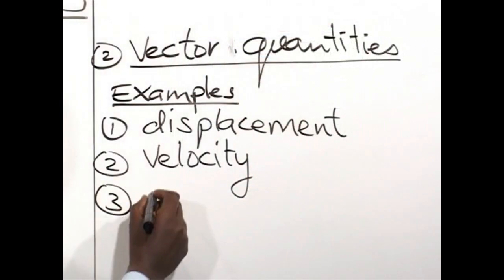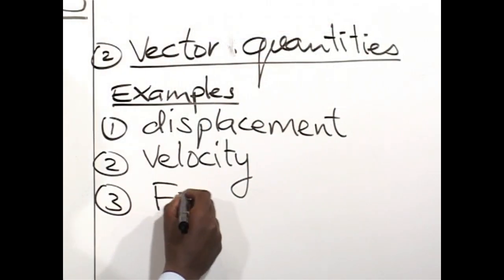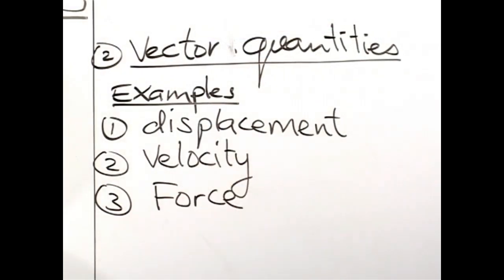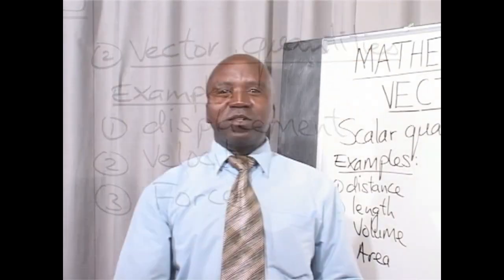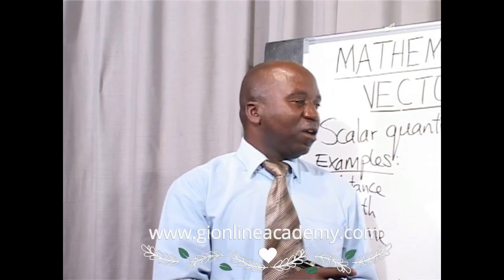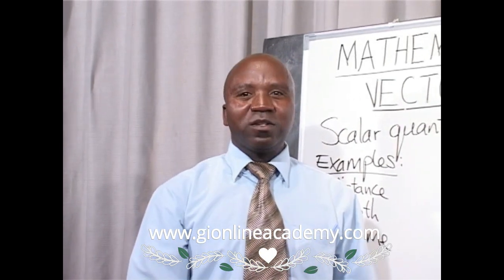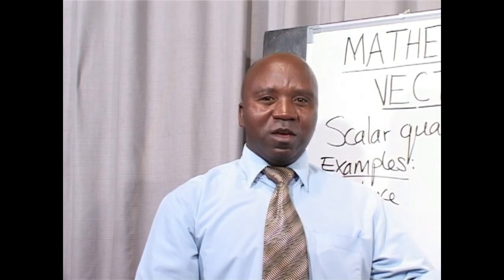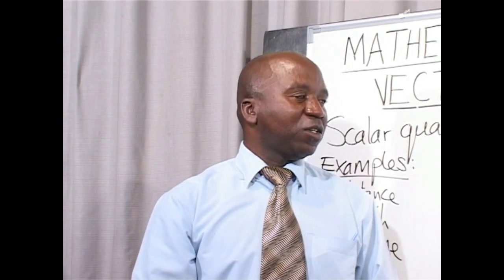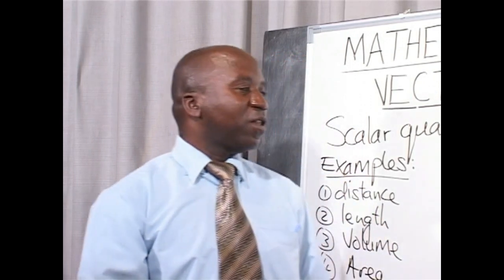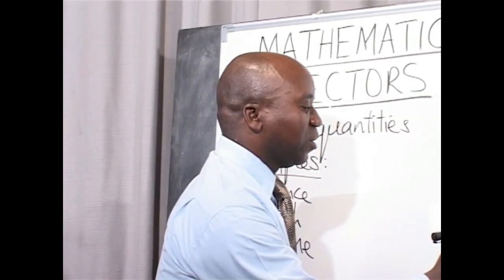Then we have force. When you are applying a force to any object, the force is applied at a certain angle, or you can put it in a certain direction. So force is also applied in a given direction. So force is another example of a vector quantity.